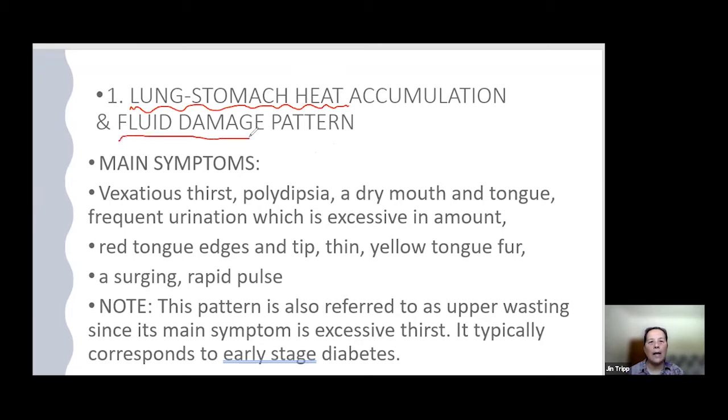Heat always damages body fluid. So in this pattern, people mainly have severe thirst. They try to drink loud, but still have a dry mouth and a dry tongue. They still have urination frequently and in a big amount.